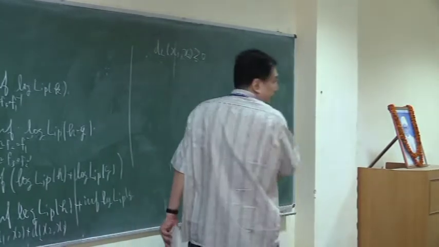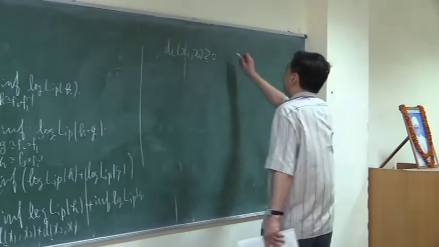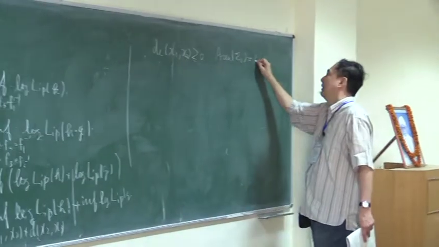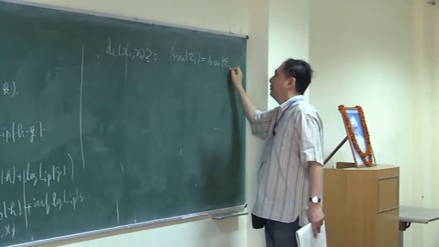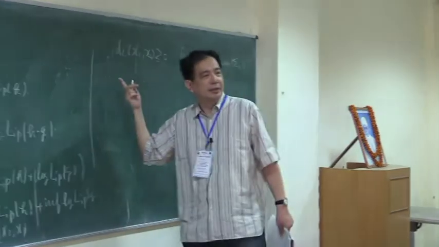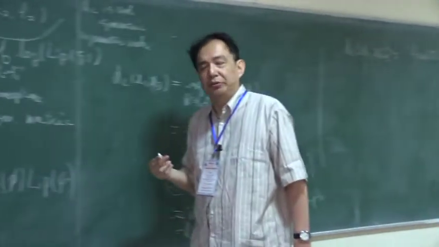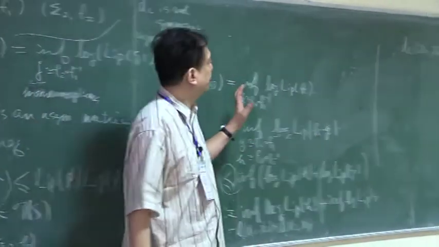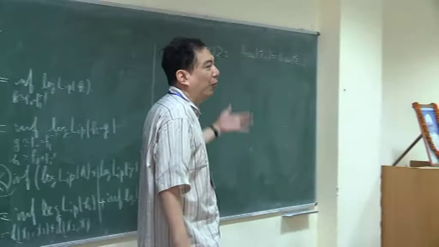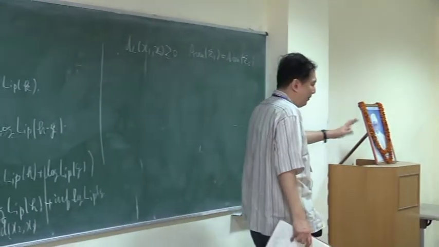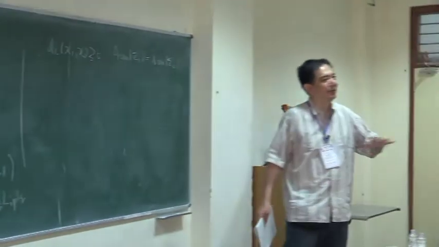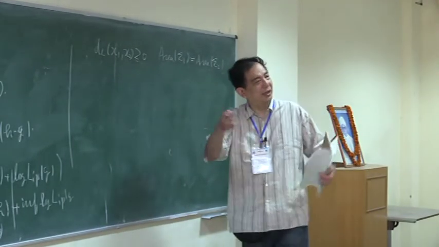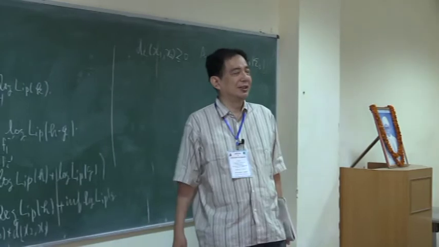But here it's impossible, because the area of sigma 1 and the area of sigma 2 are the same. So if you have a Lipschitz map whose constant is less than 1, well, maybe you can approximate it by something differentiable, then calculate the area.